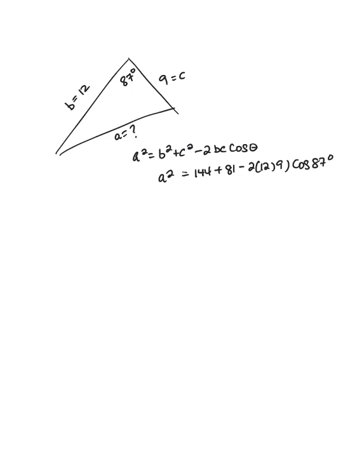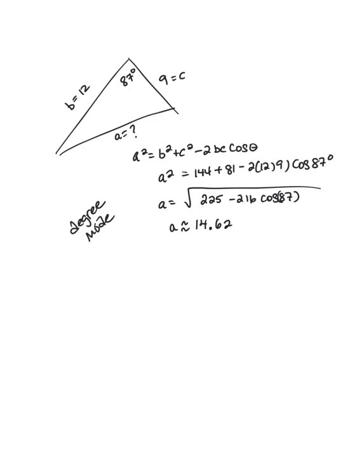And then you just can type this into your calculator and get the square root. So A equals the square root of 225 minus 216 times cosine 87. And then when you type that in, A is about 14.62. Depending on where they tell you to round to, you'll figure it out. Of course, you're in degree mode.